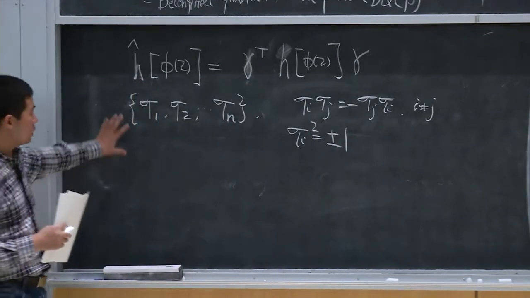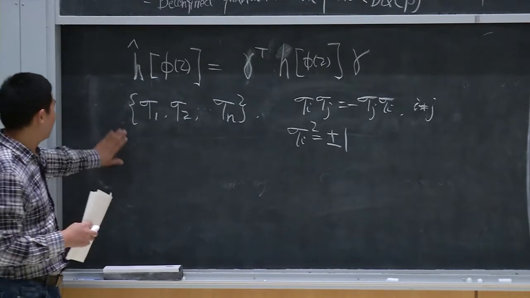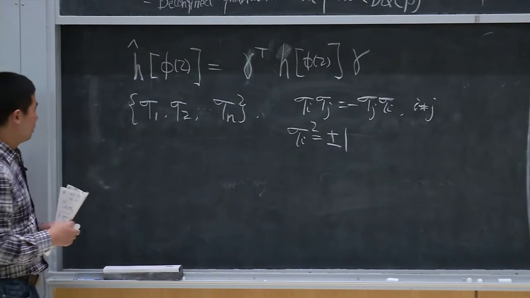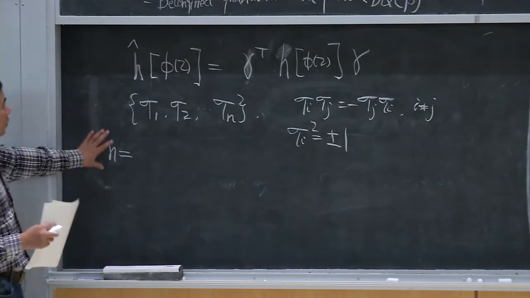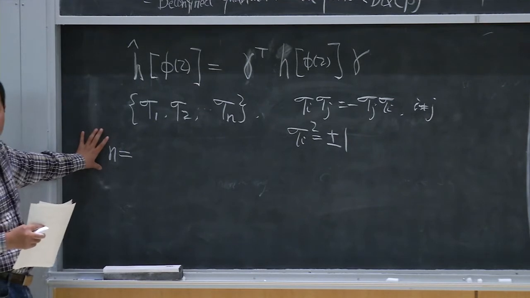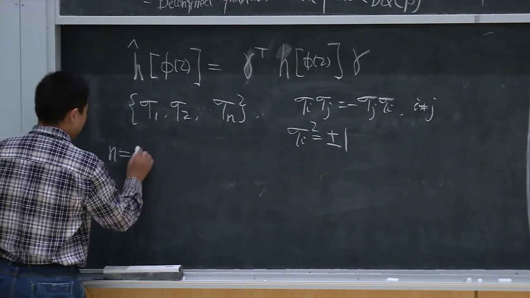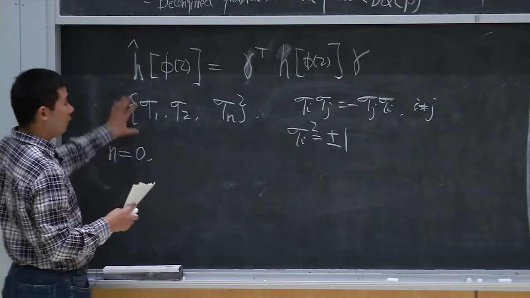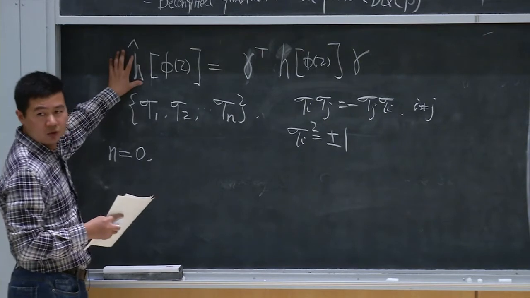So this is the classification scheme we want to use. And then we look at what's the minimum symmetry required such that this is sign problem free. When n equals 0, it means there is no anti-unitary symmetry for this H.